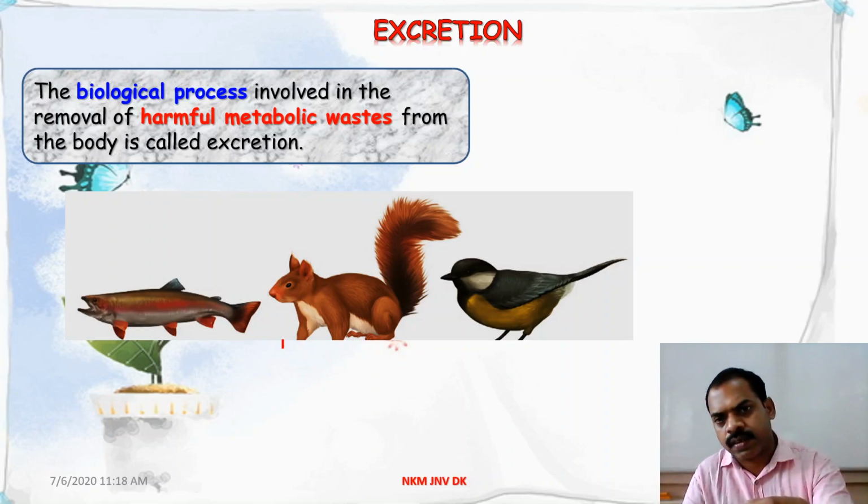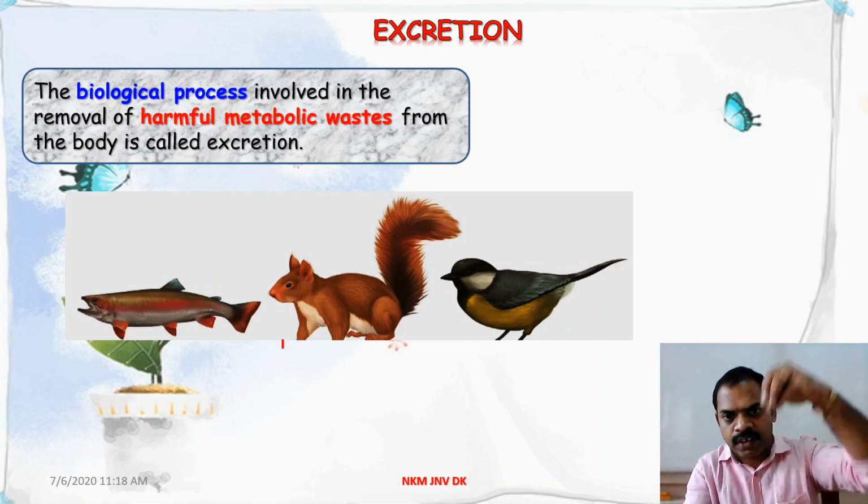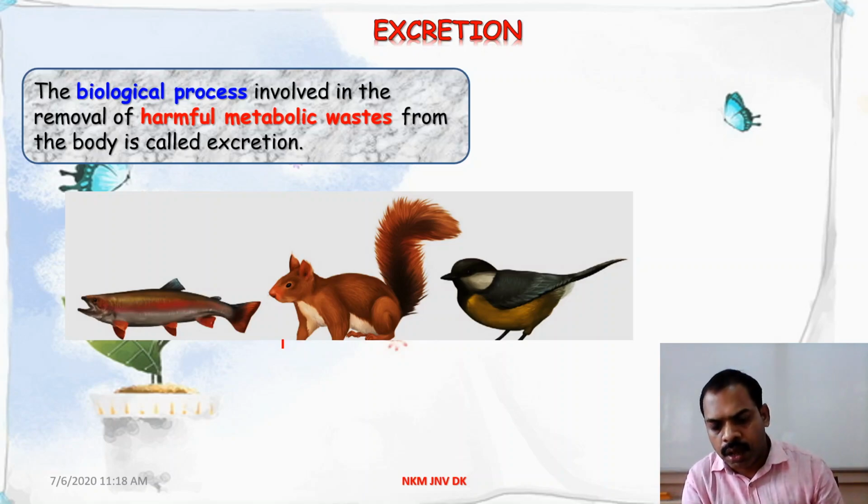While birds, reptiles and amphibians, they will excrete as uric acid. We have seen the bird droppings fall down on the body, white color pellets or creamy like. It can cause burning also.